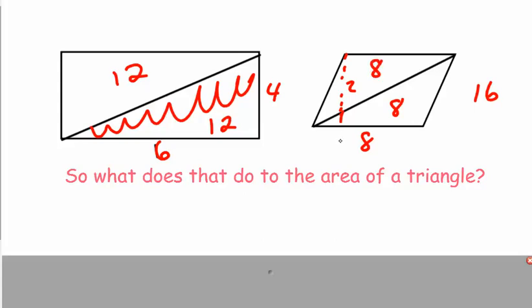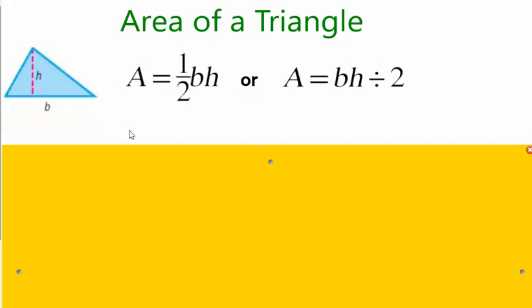Okay? So then that means my triangle formula is just going to be the base times the height divided by 2. Base times height divided by 2. Sometimes they're going to actually write it like this, which means 1/2 of the base and the height. But kind of what we've been talking about before, when you multiply something by a half, that is the same as dividing by 2.